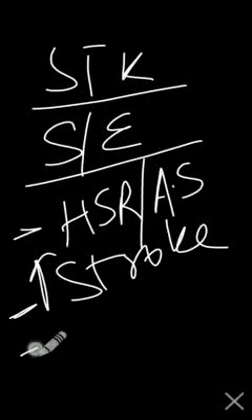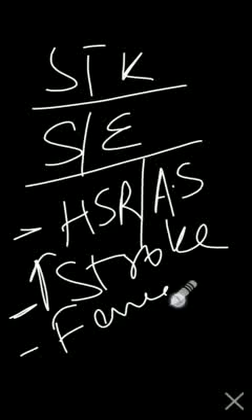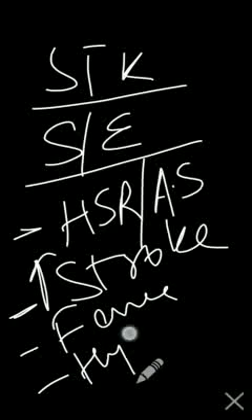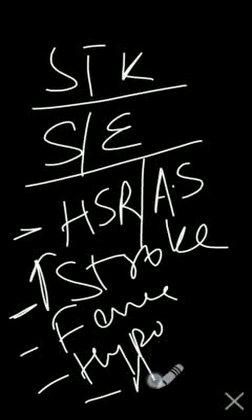It also causes fever, hypotension, and arrhythmias. Another thing about streptokinase, we cannot give 2 doses within an interval of 6 months. If you want to give streptokinase again, you should give it 6 months apart.